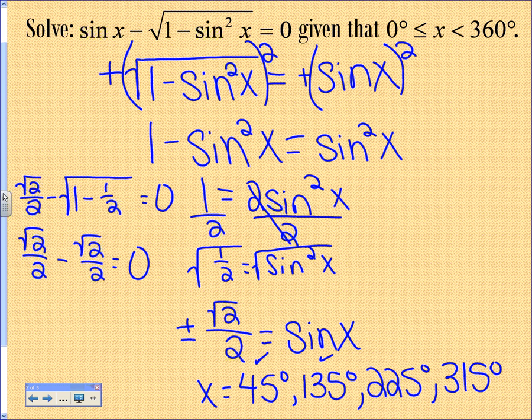It's not just the square root of 2 over 2. It's the negative square root of 2 over 2. But over here, whenever you square it, that negative goes away, right? So that one doesn't change. So all we have is that. Does that equal 0? No. So those 2 aren't the answer. Only these 2.